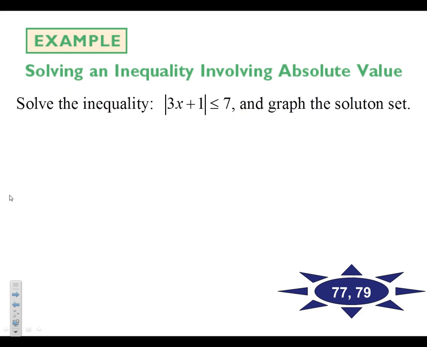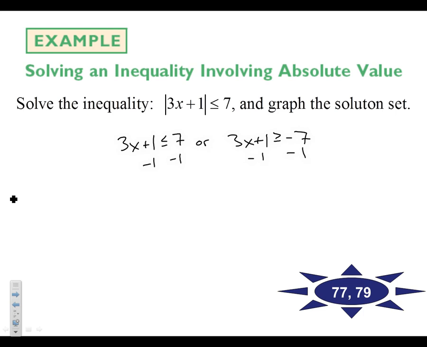Let's try this one. 3x plus 1 is less than or equal to 7, or, and here's a bit of a twist, 3x plus 1 is greater than or equal to negative 7. Let's solve.